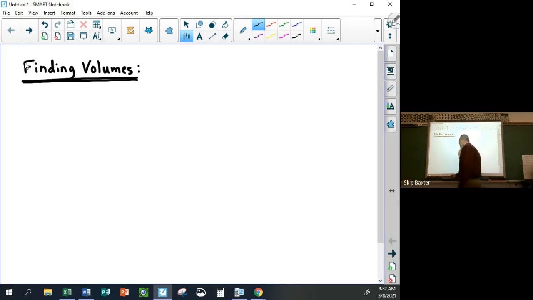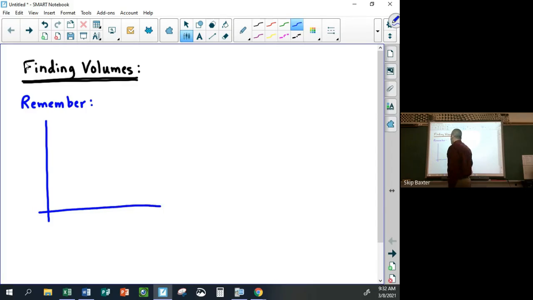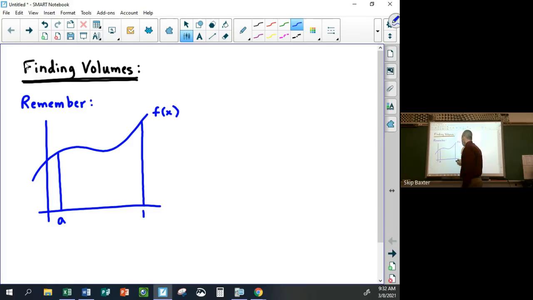Okay, so finding volume. So let's just go back in time for a second and remember how we first found areas. Okay, so remember if you're trying to calculate the area under a curve, say the curve looks like this, and you're trying to calculate the area between a and b. If you remember, what we did is we constructed little rectangles of a particular height.